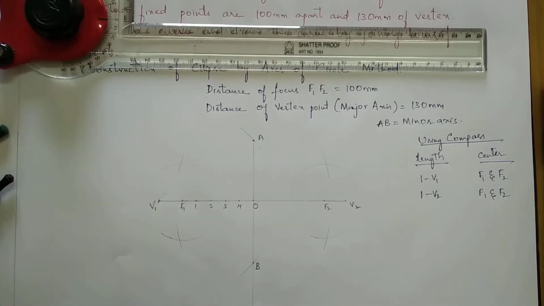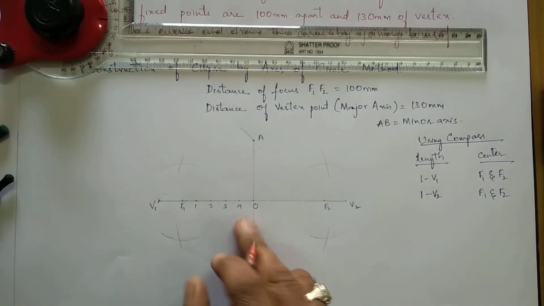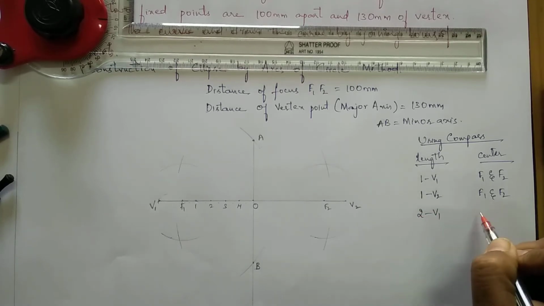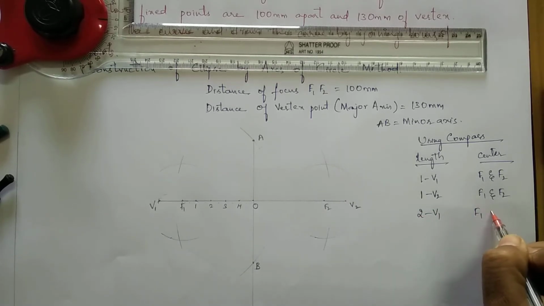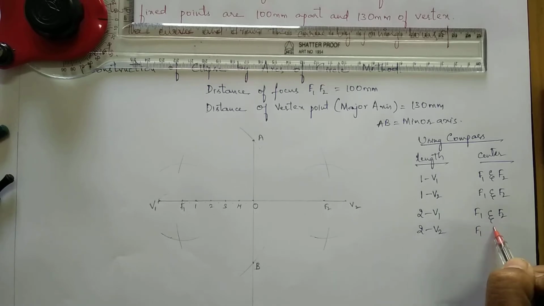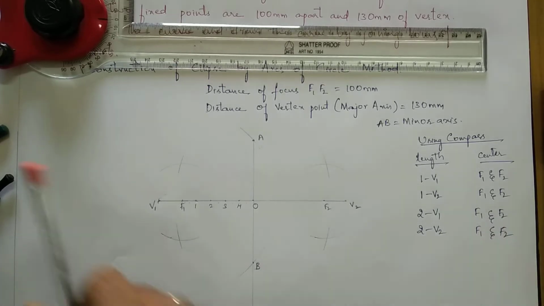Same procedure you repeat for the other existing points, like 2 to V1 length, F1 as a center and F2 as a center, draw an arc, and again the same with 2 to V2 length, F1 as a center and F2 as a center, draw an arc.